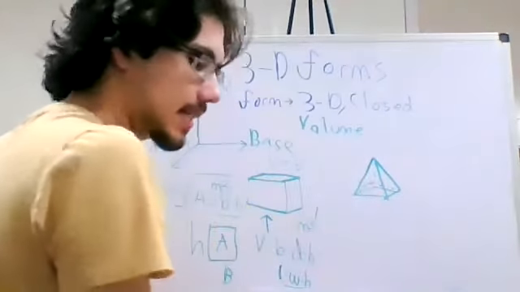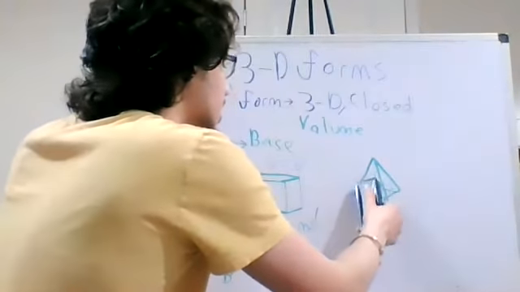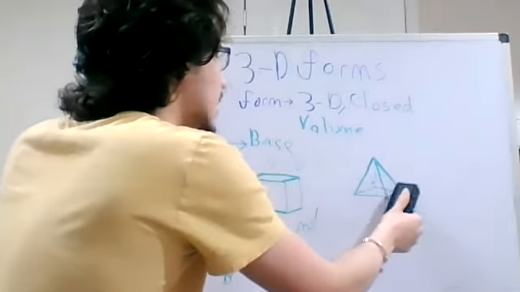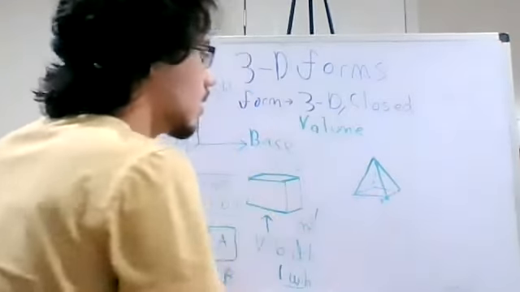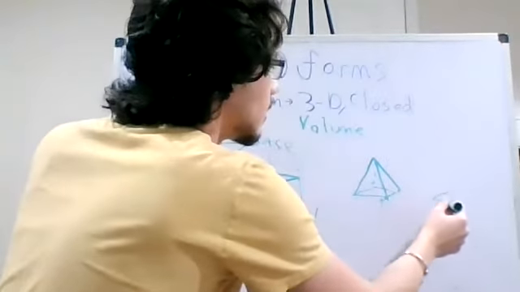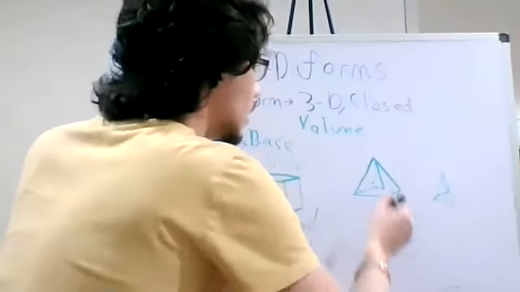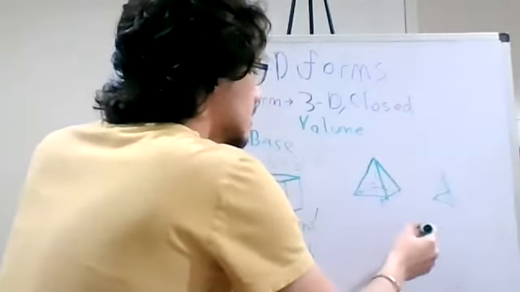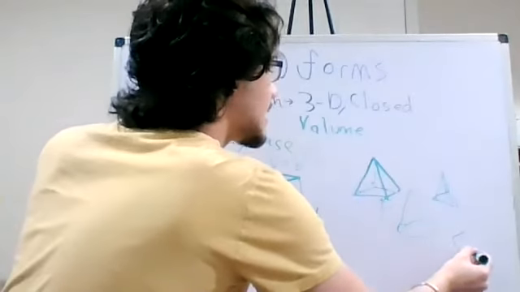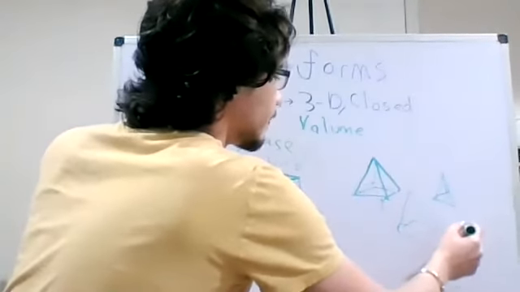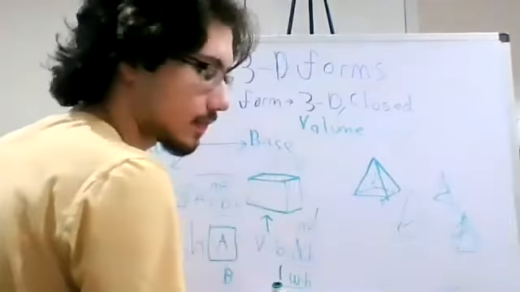The thing about pyramids is that their volume and surface area change a lot in how you find them, depending on what the base is. So it could be a triangle base, a square base, or a circle base, or maybe a pentagon base. The point is that it varies a lot.